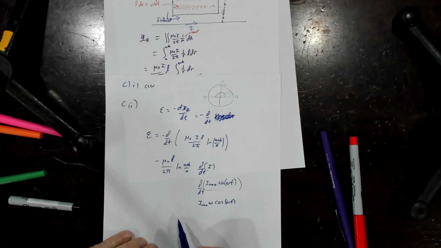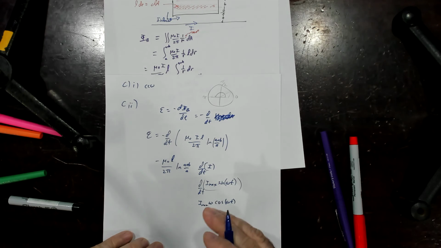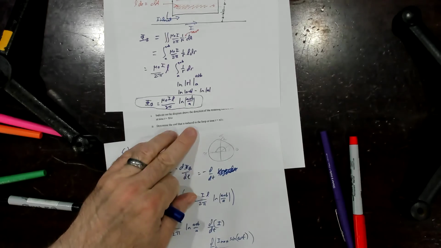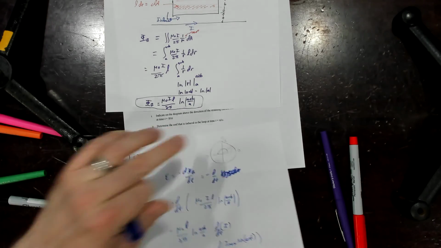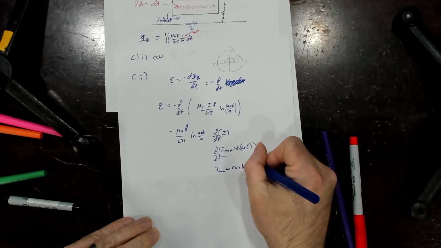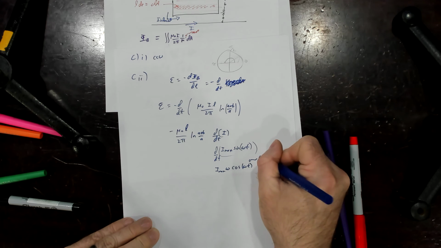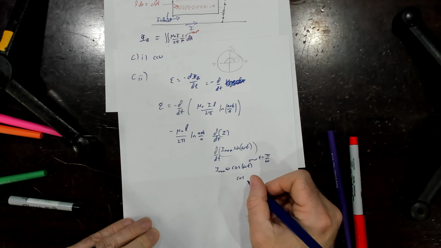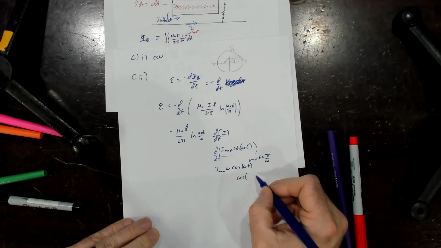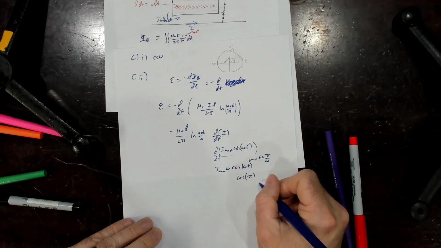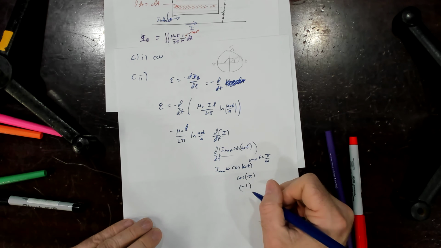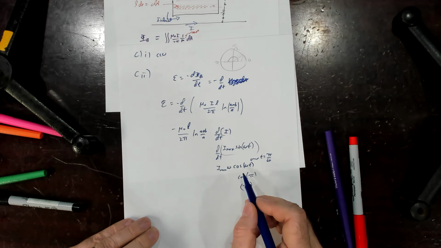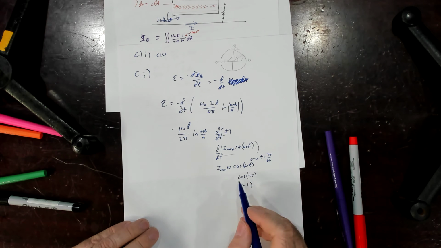So that's what this derivative is turning into. I still have all this in front. Now they said specifically they wanted the induced voltage at time pi over omega. So I can just go ahead where it says t and stick in pi over omega. That'll make it cosine of omega times pi over omega. It's just cosine of pi, and the cosine of pi is -1. So this is just going to be I max omega times -1, right?